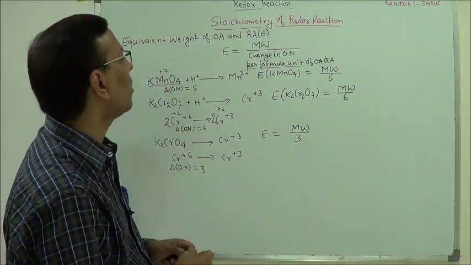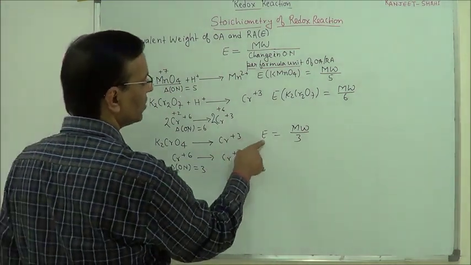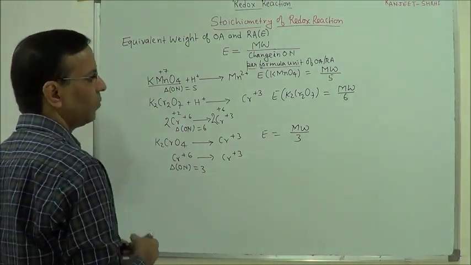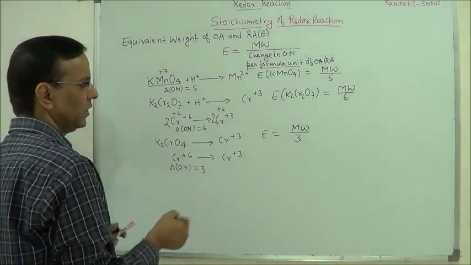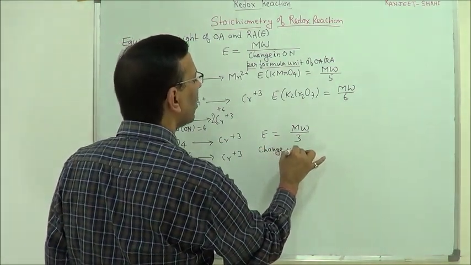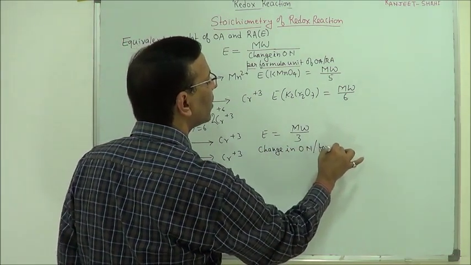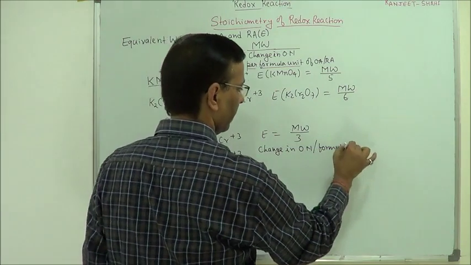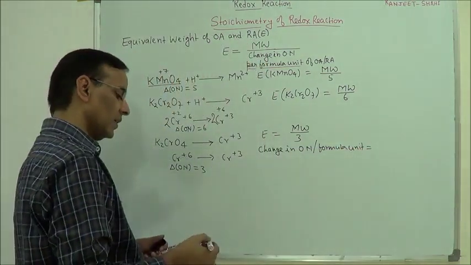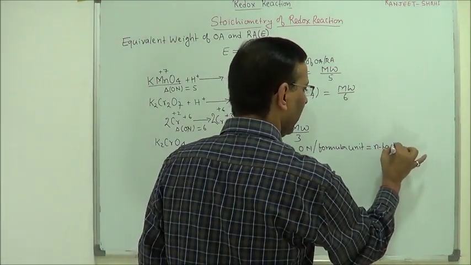So we have defined a quantity called equivalent weight, which is molecular weight divided by change in oxidation number per formula unit. This change in oxidation number per formula unit has also been given a name in redox reaction, and it is usually called N factor.